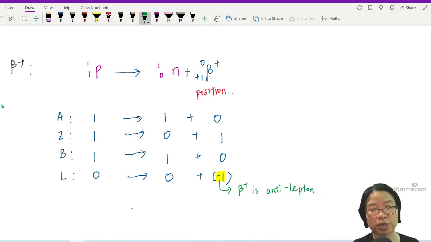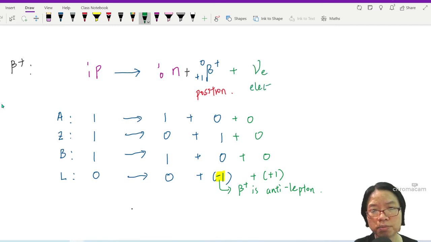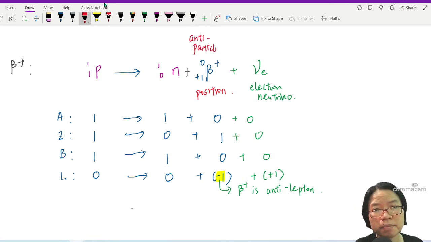So because of this, we need to bring in a positive 1 to counterbalance so that everything here is 0. Then you know what that is? That would be the electron neutrino. This is a particle. So again, beta plus is your anti-particle, your positron, which is why this electron neutrino will be a particle.